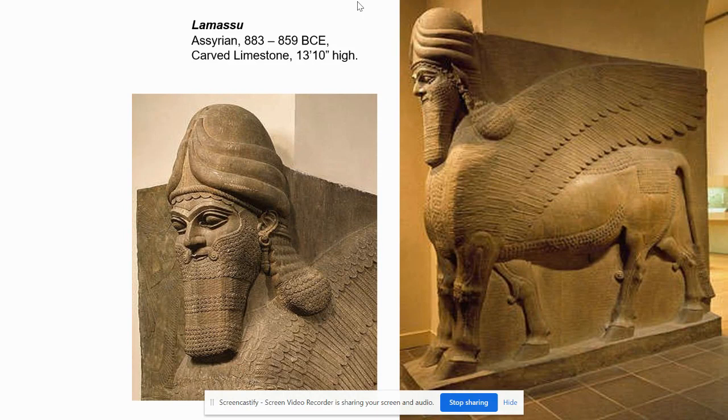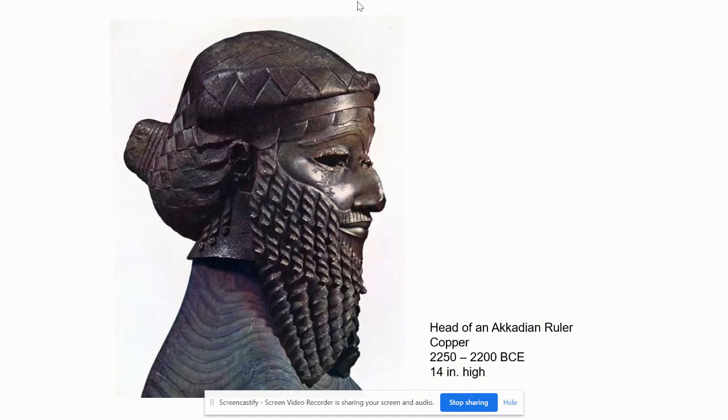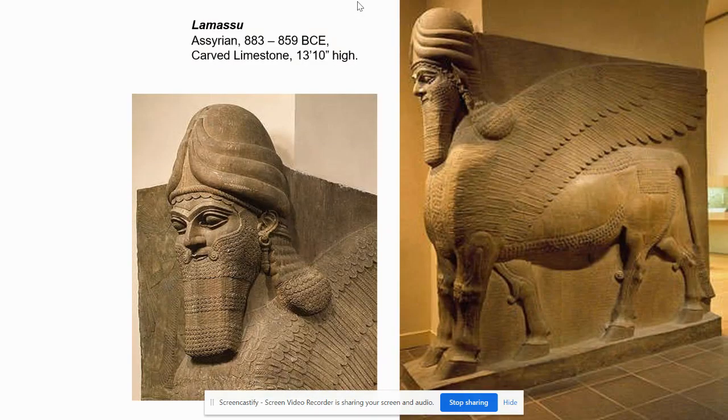And then as you walk past it, you see it on a side view with also its four legs. And I just want to point out here the stylization of the face, which is very Mesopotamian and looks very similar to this Akkadian ruler. So a lot of emphasis on the curly beards, the strong brows, and these almond eyes.